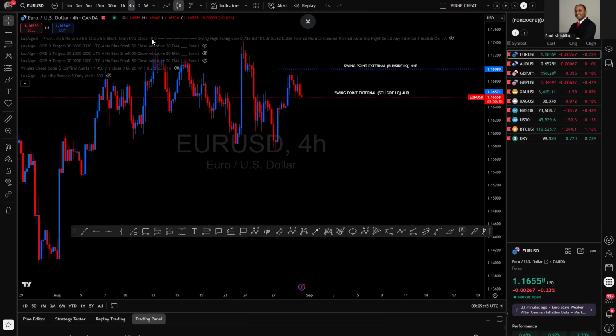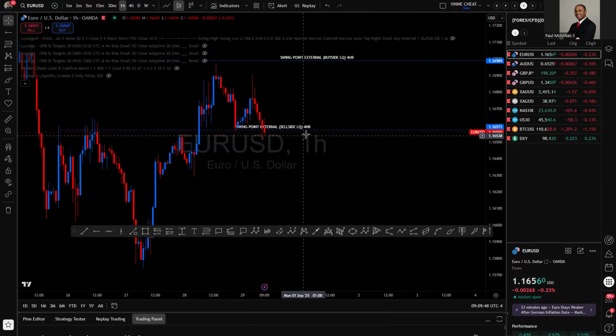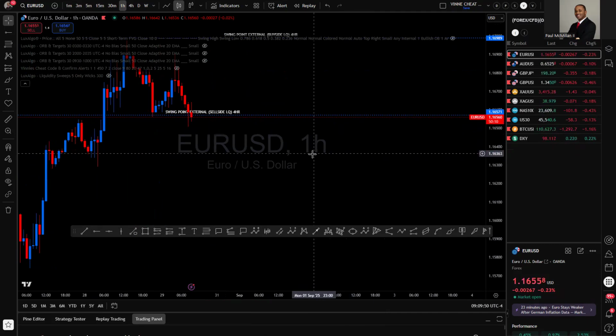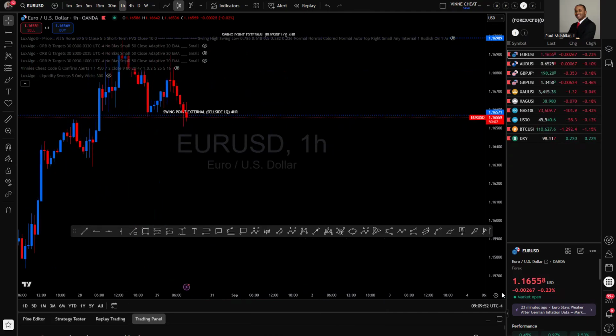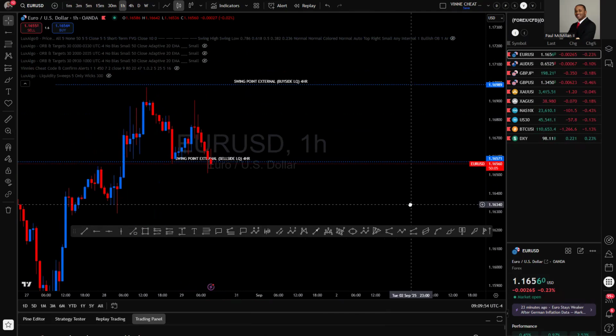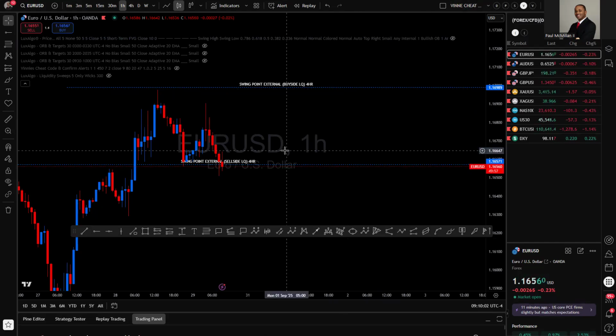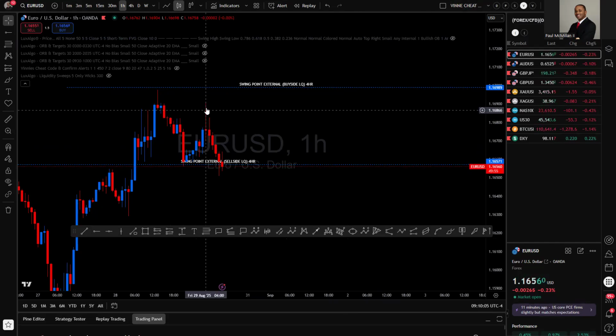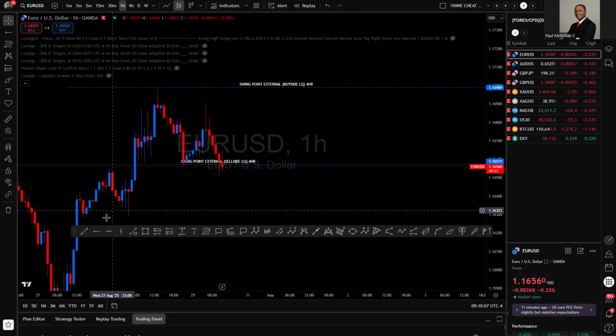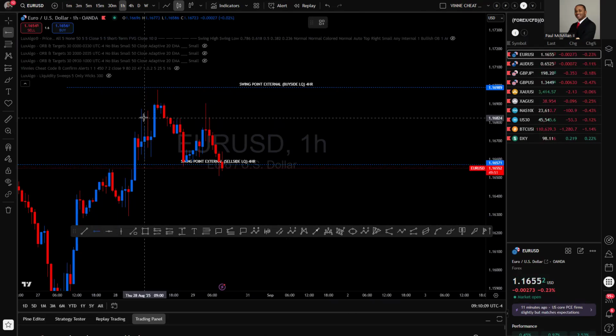Now let's go to the 1 hour here, and we're going to zoom in. Now we're actually looking for internal liquidity, which we actually see here. Price wiped out this previous high here, so you can say that this is internal on the buy side.